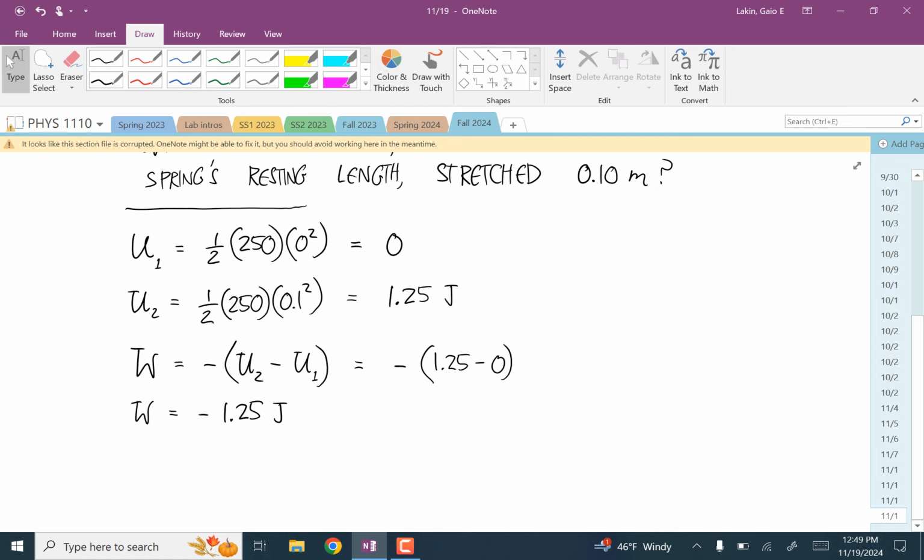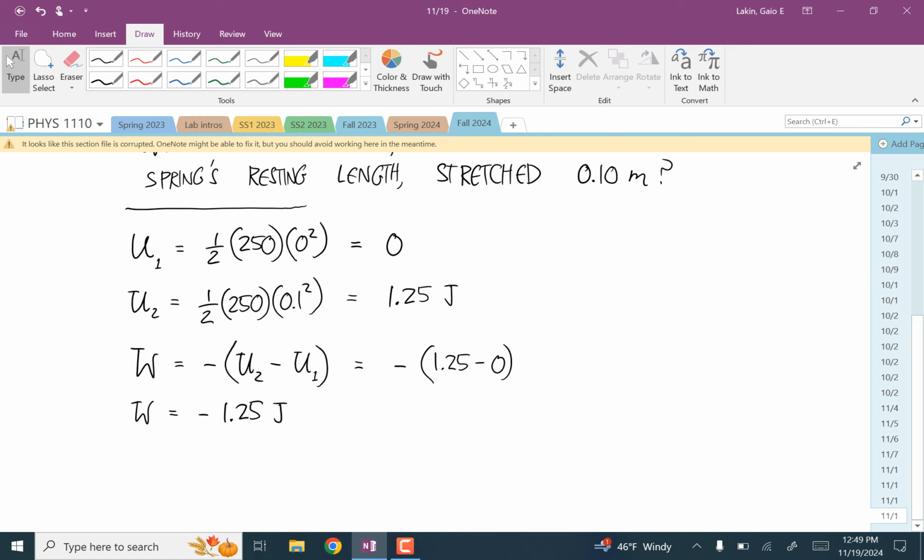It's happy there, you know? And then no matter which way you deform the spring from its resting length, it tries to fight in the other direction. It applies a force in the other direction. So if you compress it, it'll apply a pushing force to try to get it back to its resting length. If you stretch it, it'll apply a pulling force to try to get it back to its resting length.